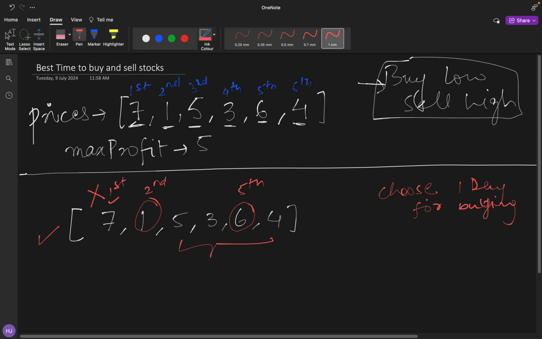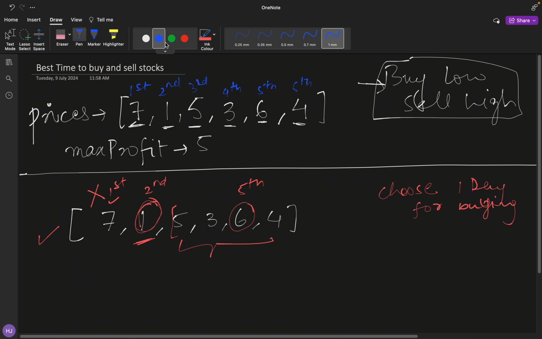In order to maximize the profit, we have to find the selling price which is greater than the buying price. What does it mean? We have to find the element in the array after we bought the stock.